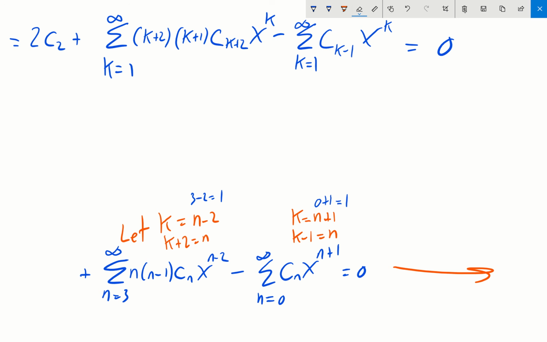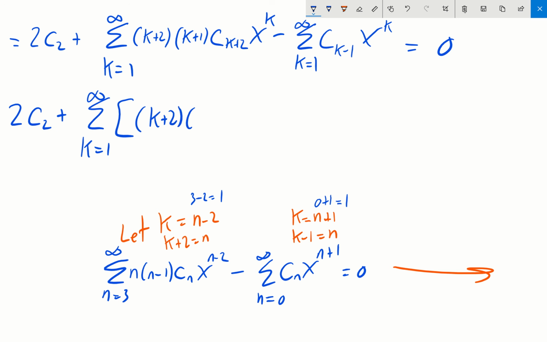And now what we can do is combine the two sums. So we have 2c2 plus the sum from k equals 1 to infinity of the following: (k plus 2) times (k plus 1) c of k plus 2 minus c of k minus 1, times x to the k, and now this whole thing is going to be equal to 0.